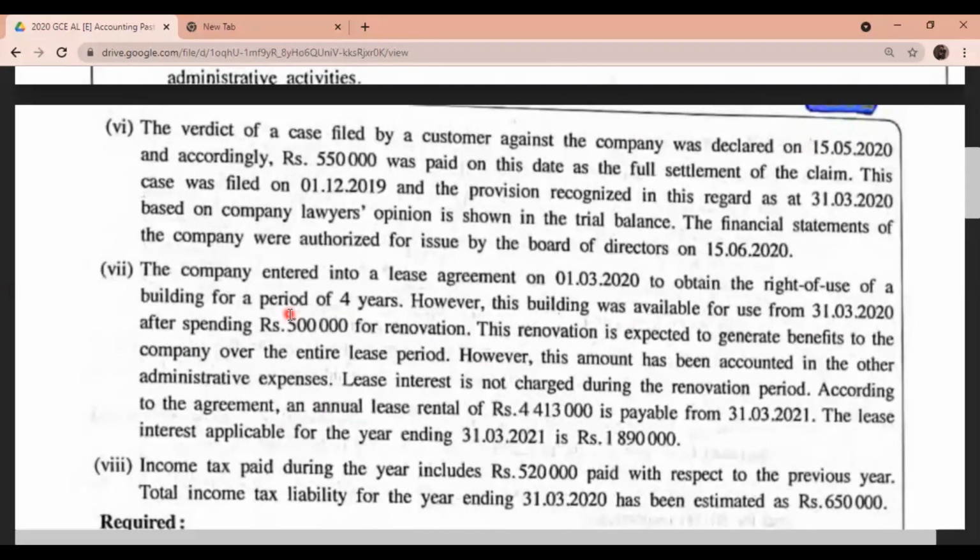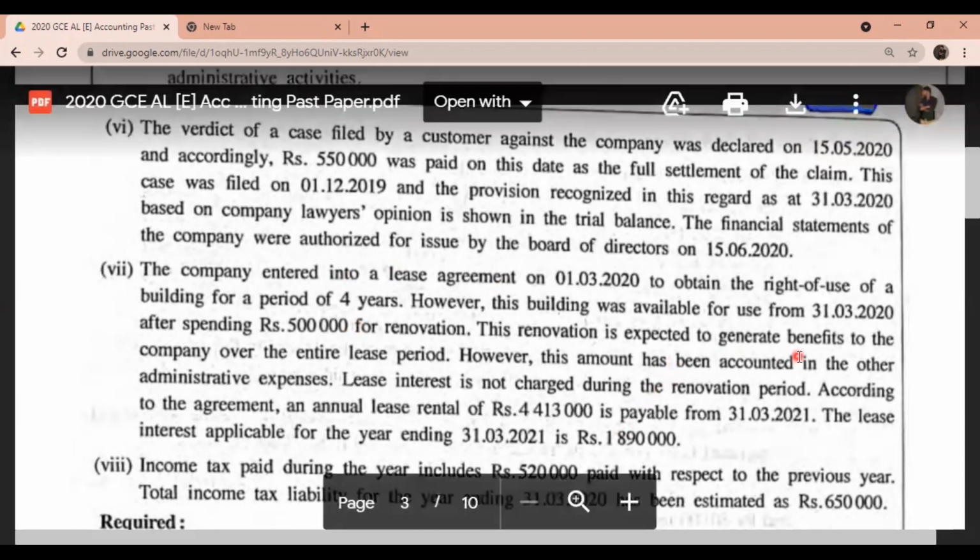Non-current assets will have capitalization, where you will increase the value of the non-current asset. Now this 500,000 renovation is actually an increment in the value. So I will consider this 500,000 as an increment in value. I need to know how to record this under the right to use asset adjustment, so I'll teach you how to do the right to use adjustment today.